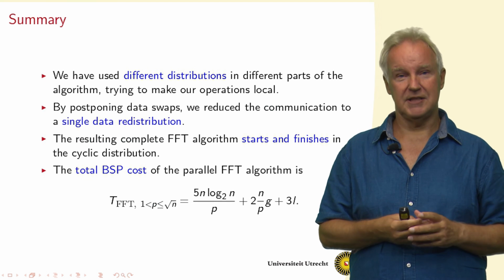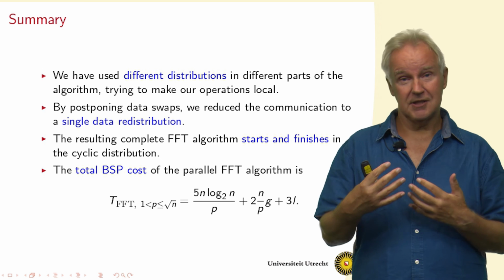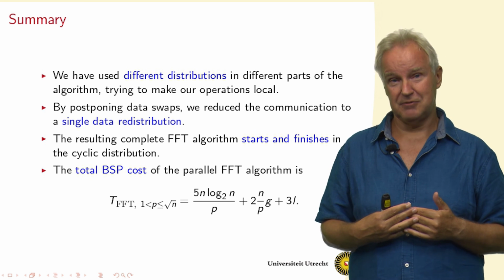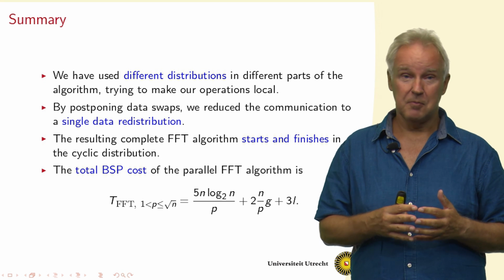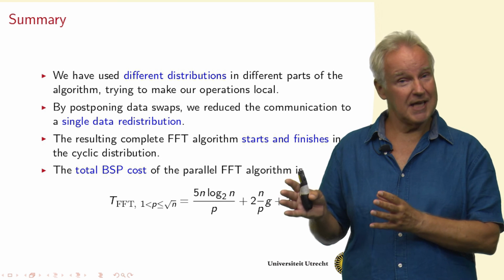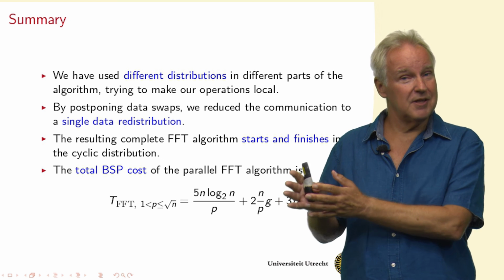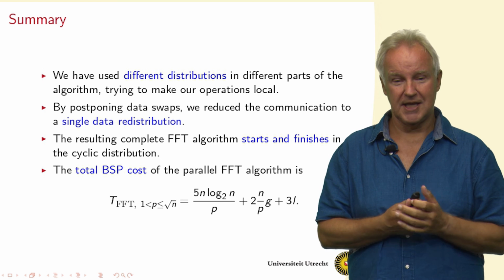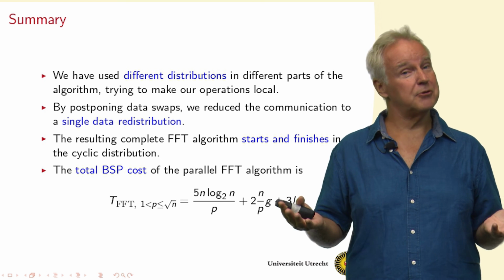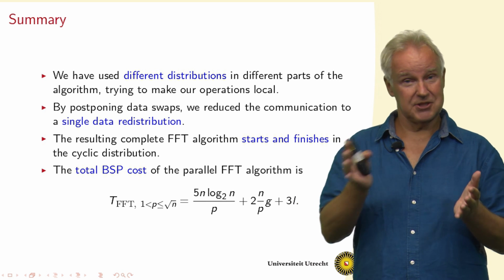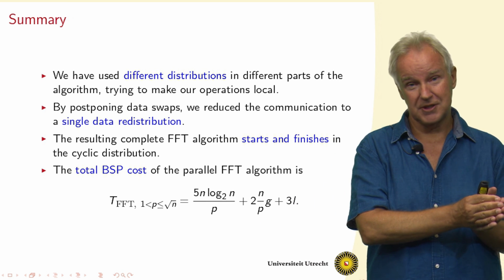So to summarize, you've seen here an algorithm where we use different distributions in different parts of the algorithm. By postponing some communication, we could actually combine it with another communication and reduce the amount of communication. So as a result, we have an FFT algorithm that starts in the cyclic distribution.